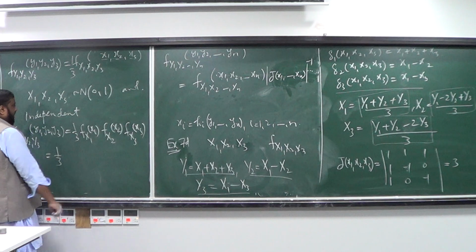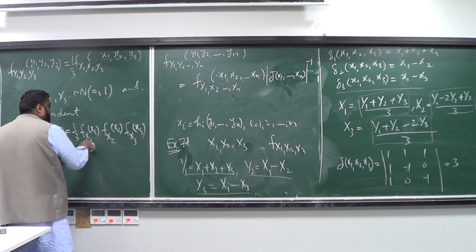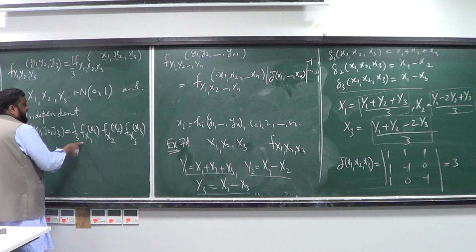So this is an example, a particular instance. Now what is the PDF of a normally distributed random variable?